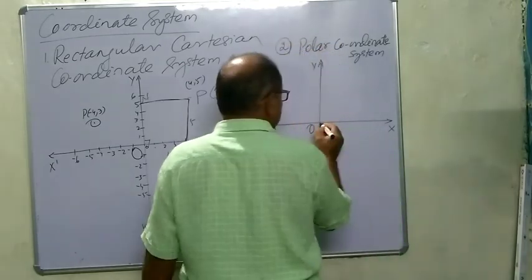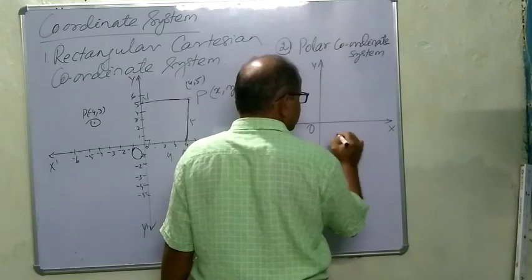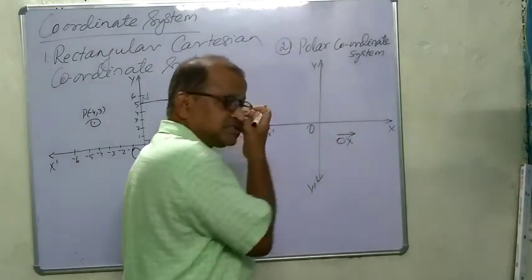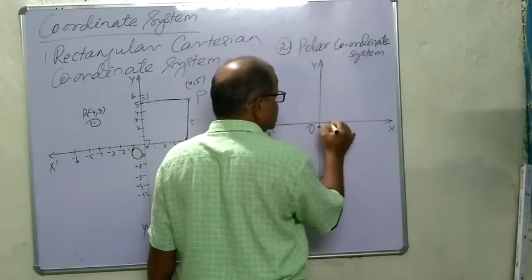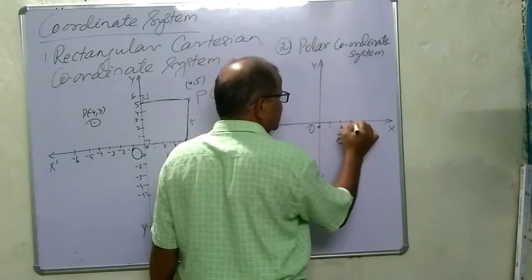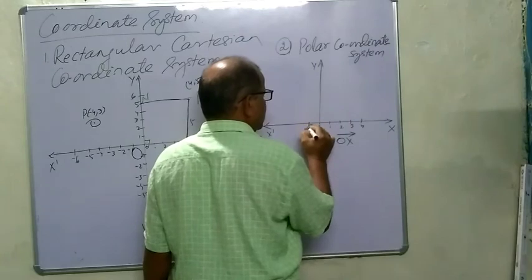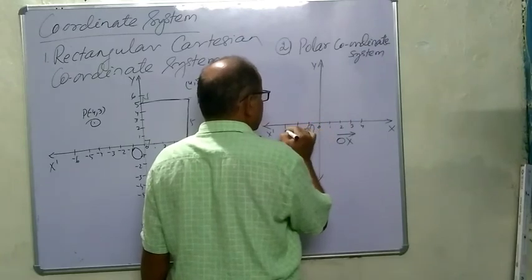In this you see OX is a ray. This is taken as the positive side of this line, because it is 0. All positive numbers are here, 2, 3, 4, 5, like this. Here we have to take the negative real numbers.